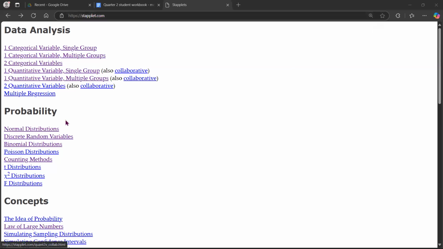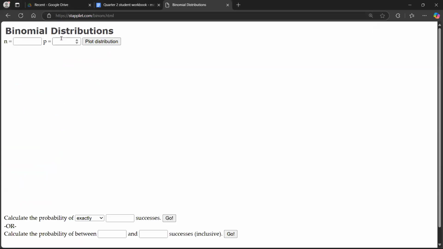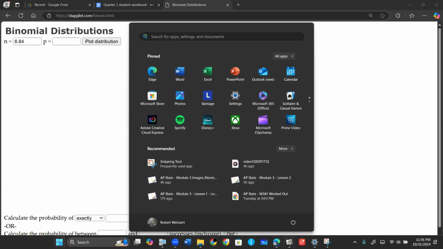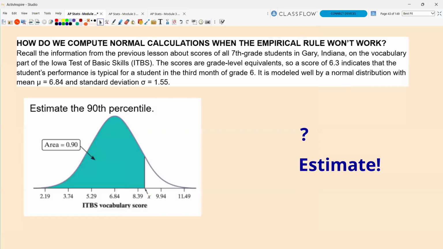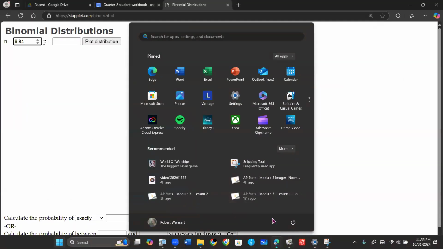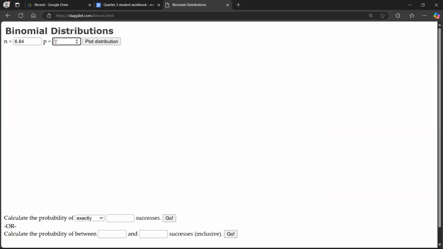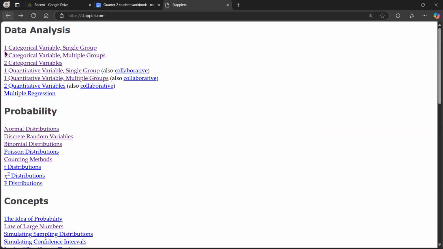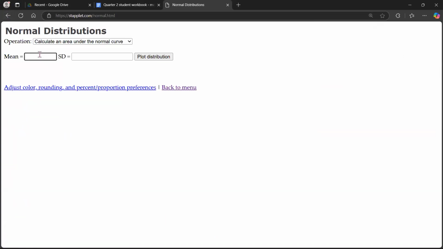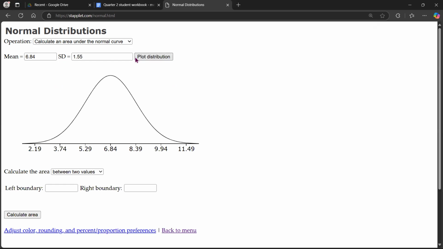So if you go to Stapplet.com, go to normal distributions, and let's plot in our values. So it's 6.84, and the number here was 1.55. Oh, that's binomial. All right, here we go.